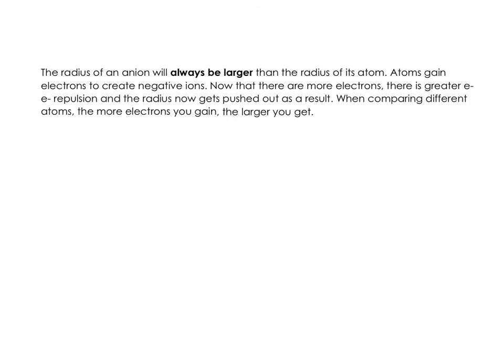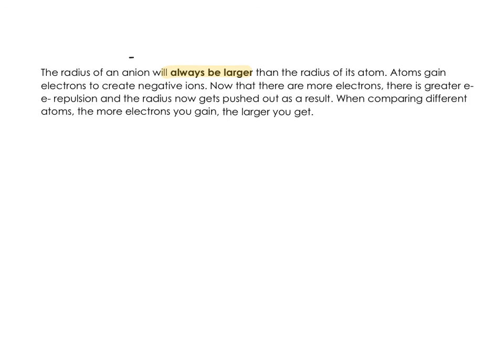The radius of an anion, or a negative ion, will get bigger. So it will always be bigger than its atom. Atoms gain electrons to become negative, so now there are more electrons than protons, right?